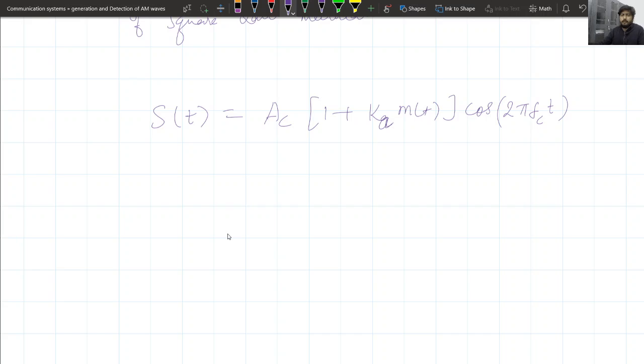Now, we have seen the generation of the amplitude wave on the sender side. Now let's see how this wave is demodulated, or you can say we want the message signal back in its original form. So let's see how we do the demodulation, or you can say the detection of the amplitude modulated wave on the receiver side.